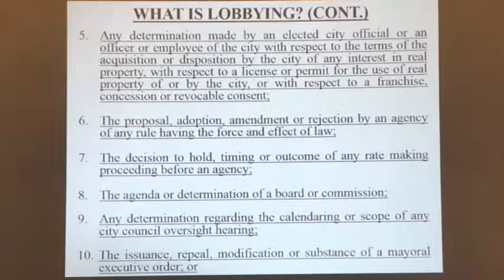So let's say you would like to operate your business in a city building and you approach the commissioner of DCAS and you say, you know, I want to get a lease agreement. I want to run my business out of this city building. That would be an example of a reportable lobbying activity which is captured by number 5.